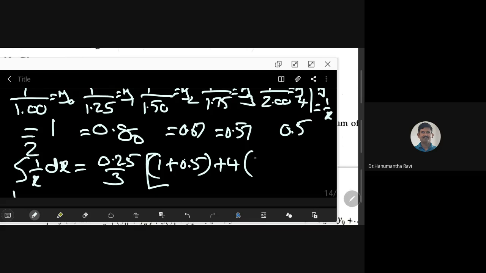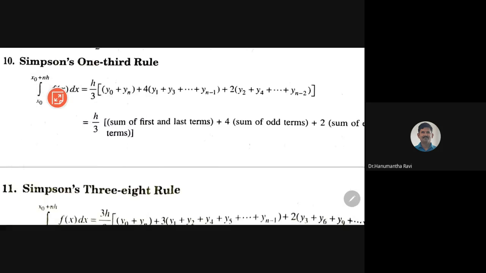So y1 is 0.80, plus the other odd term, 0.57, plus 2 into the even terms. There is one and only one even term, except the end terms I am talking about. So it is y2, its y value is 0.67. So this is the value for the one third rule, right?